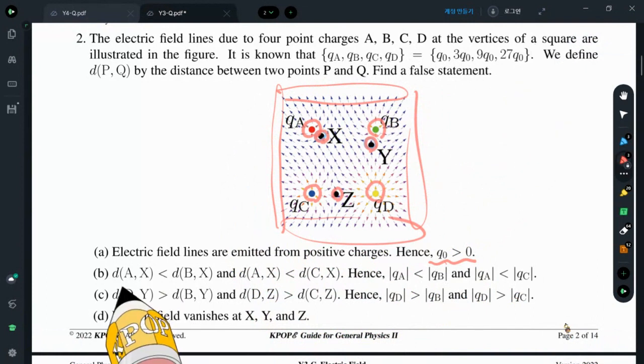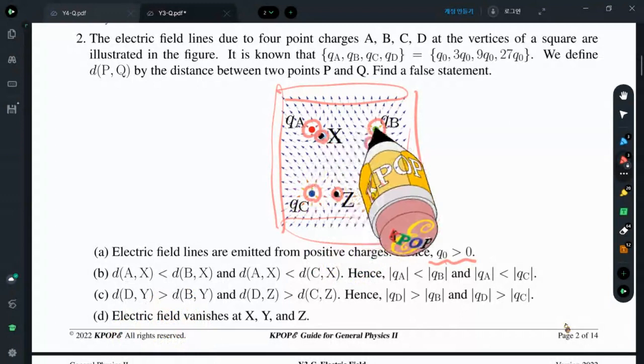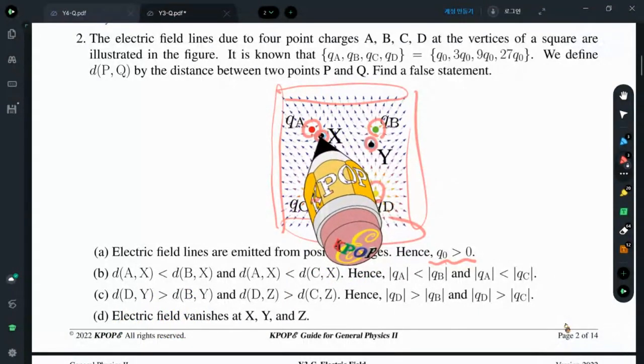All right, here, the distance is D between A and X and B and X. Here, the electric field vanishes.